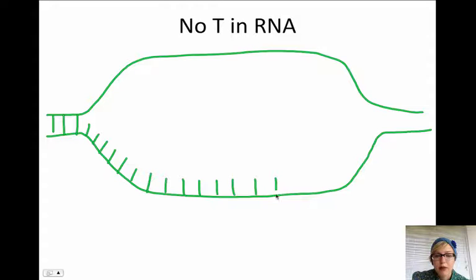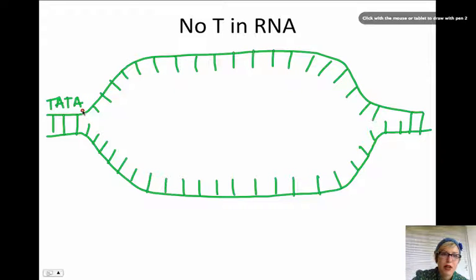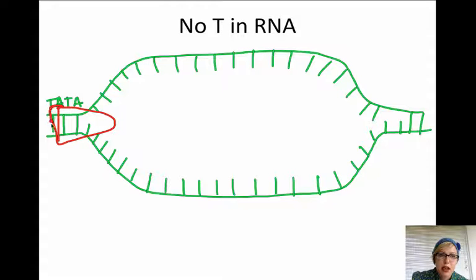And this, of course, is a simplified version. This might be our ta-ta box over here. And then we're going to have our polymerase, or our transcription complex right here. So this is RNA polymerase.